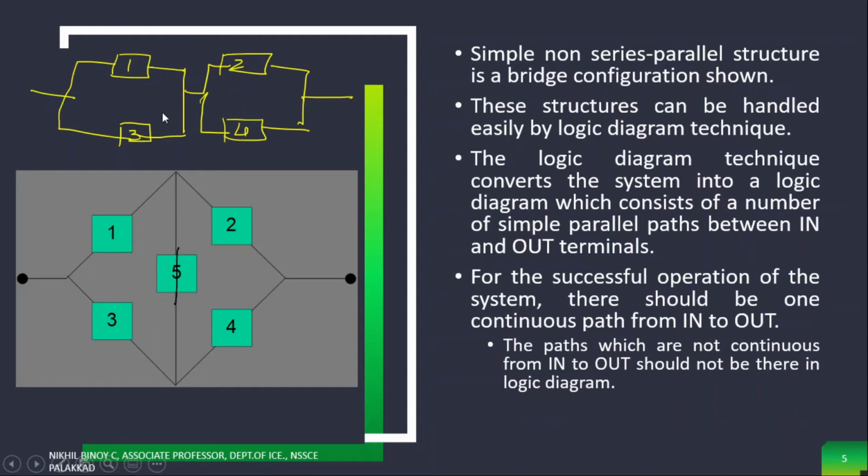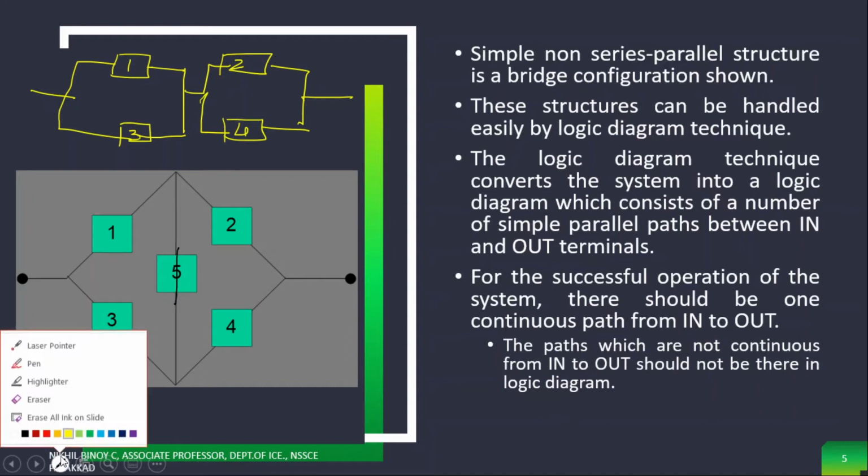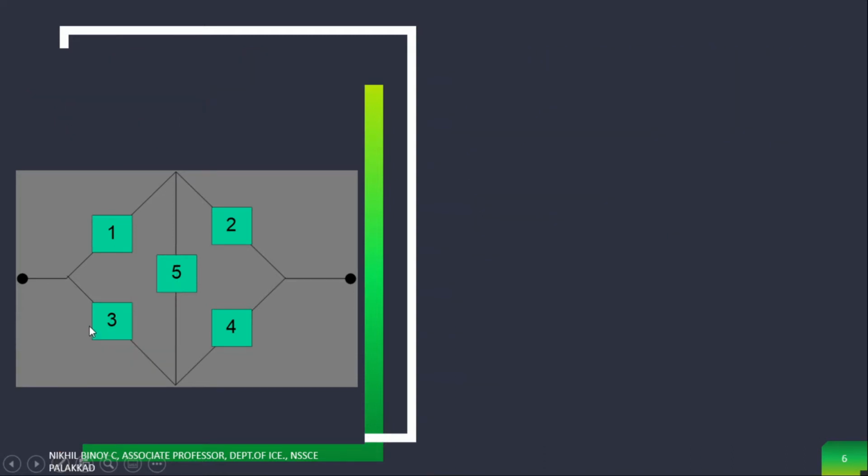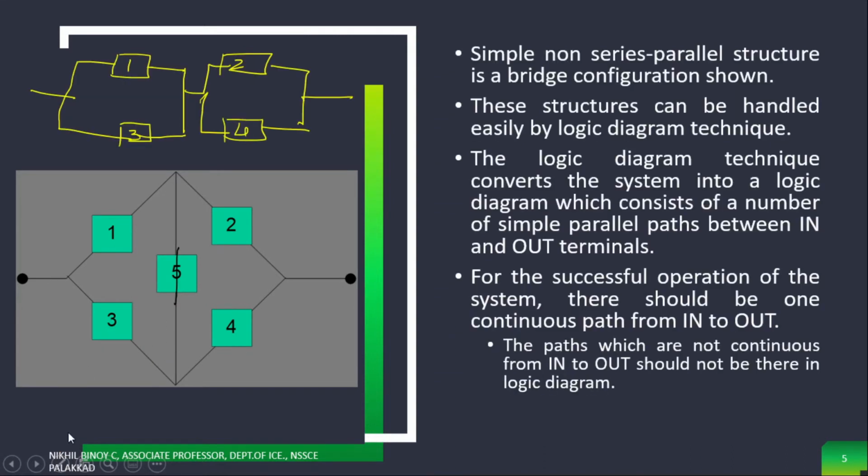We can simply connect this one. So if instead of 5, it is a shortcut, then we can consider it as a series combination of two parallel blocks. These are two parallel blocks, and we have the series configuration of two parallel configurations, if it is a shortcut.